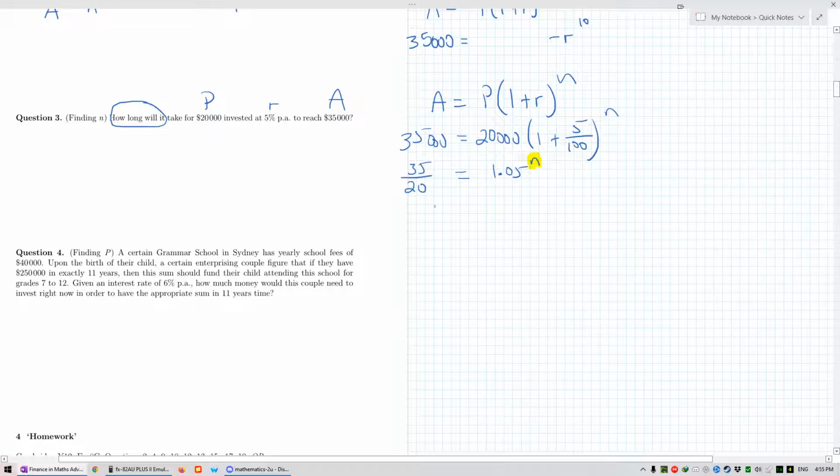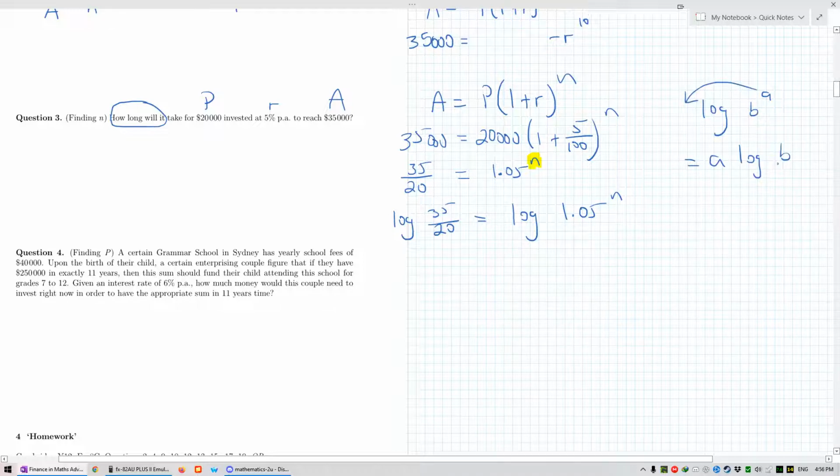Now you can take log base 10, log base e. It doesn't really matter as long as you do it the same. I'm just going to write log, and you can use whichever one you want. Log of 35 over 20 is equal to log of 1.05 to the n. And the reason why logs works is because of the log law. If you have log b to the a, then that is equal to a log b. You can bring the power down.